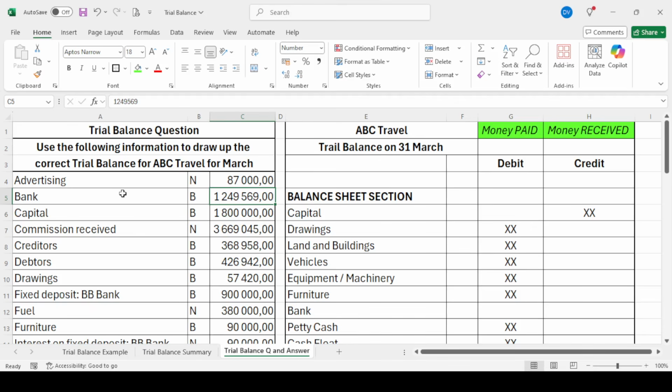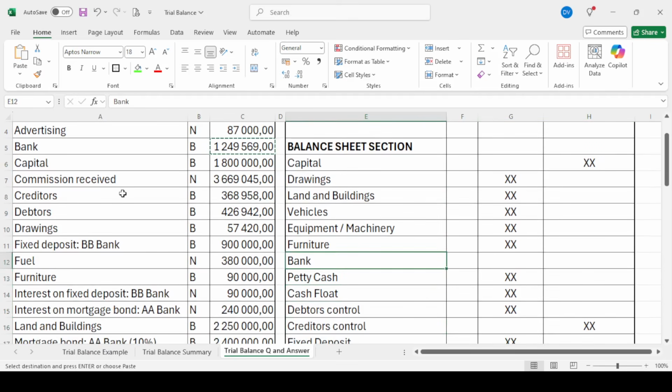If the bank is negative, the question will make it clear to you. So if you don't see any clear instructions about a negative bank, you're going to assume that it's positive. Right, you're going to take your bank amount and copy it. Remember, bank, if it's positive, you show it on the debit side.